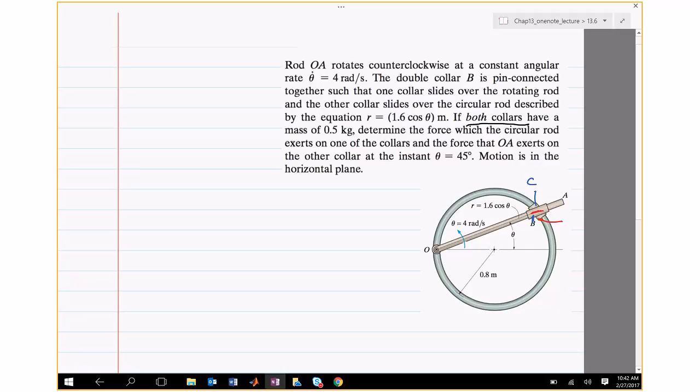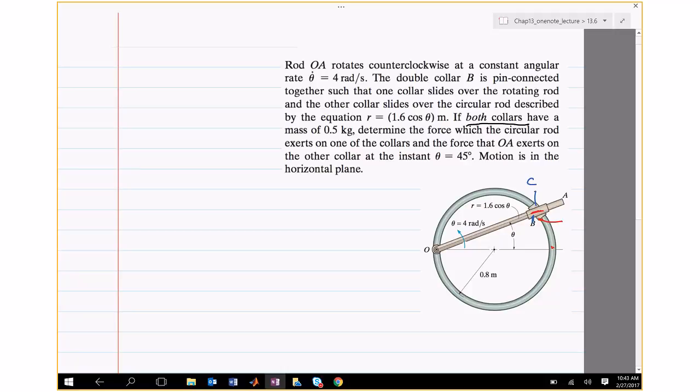If both collars have a mass of 0.5 kilograms, find the force which the circular rod exerts on one of the collars, and the force OA exerts on the other collar, collar B, at the instant when theta is 45 degrees.